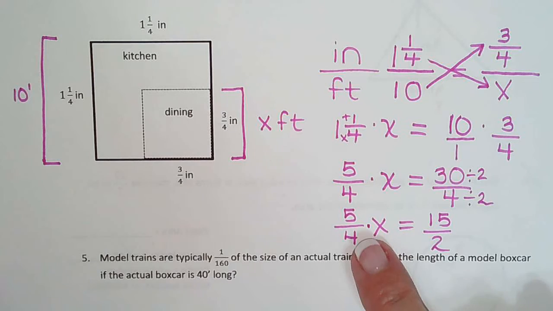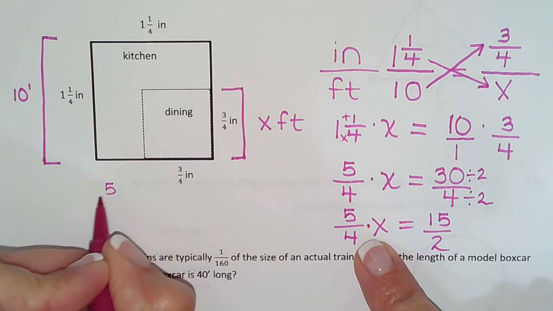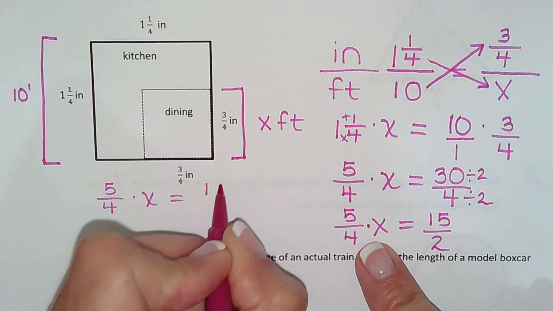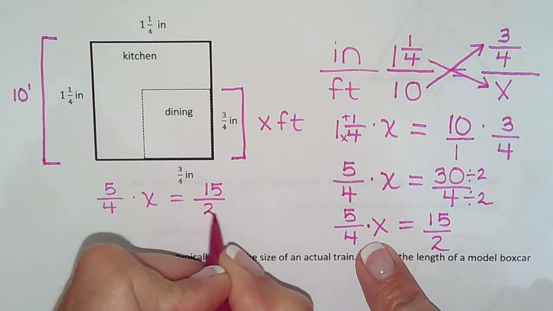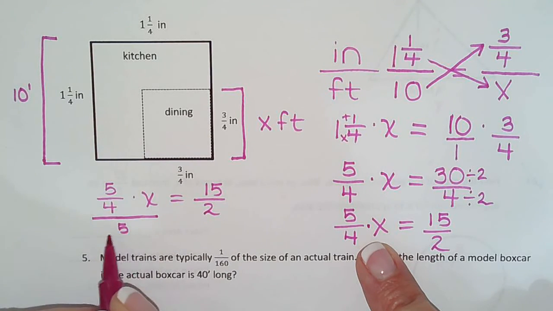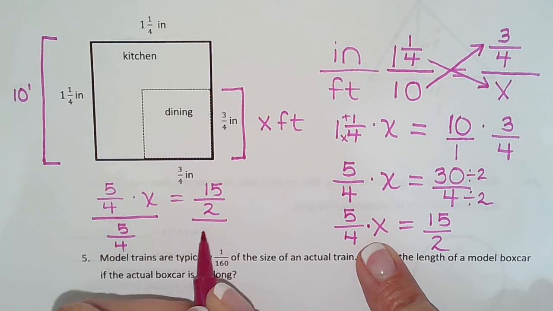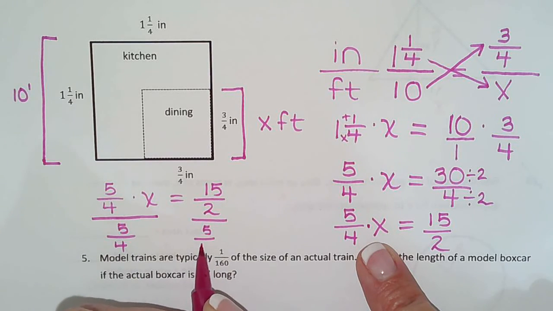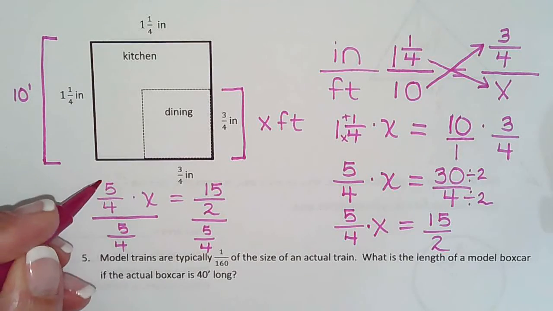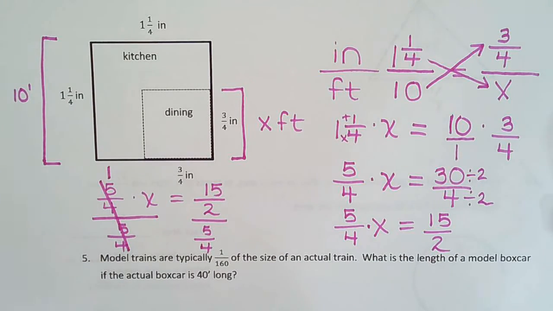Okay, so this is multiplication. So the opposite of multiplication is division, right? So that means to get x alone, I have to divide both sides by 5/4. But we know how to divide fractions, right? Remember that good old keep, change, flip? So I'm going to tell you, this looks super confusing to students.